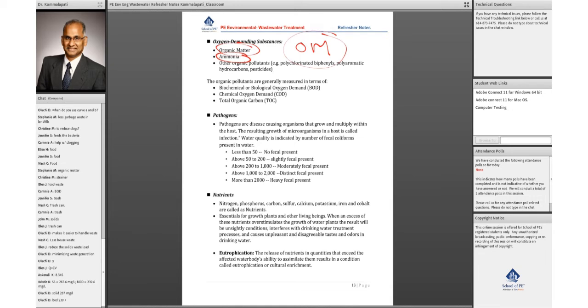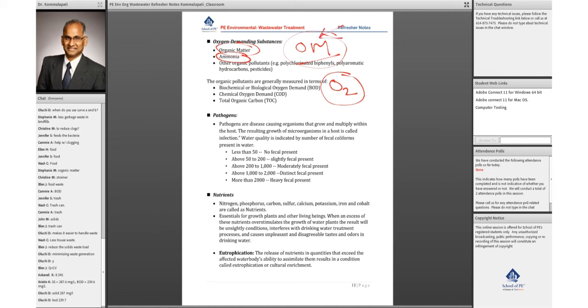We don't have any method like that. So people said, okay, why do I care for organic matter? I care for organic matter because it has oxygen demand, which means if I dump this wastewater into the river, it would need oxygen.